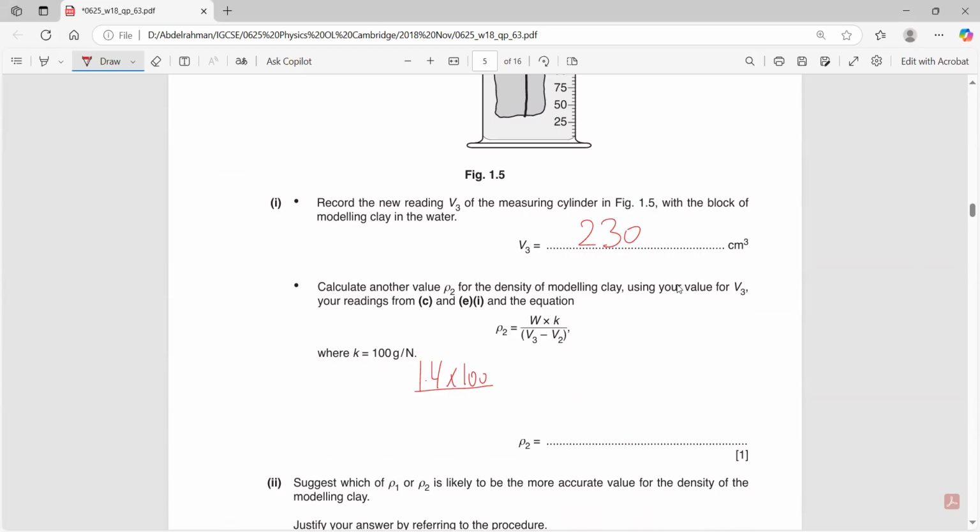What was V3? 230 minus V2, which is 160. 1.4 times 100. Okay, this would give you a density of 2 or 2.0 grams per centimeter cubed.